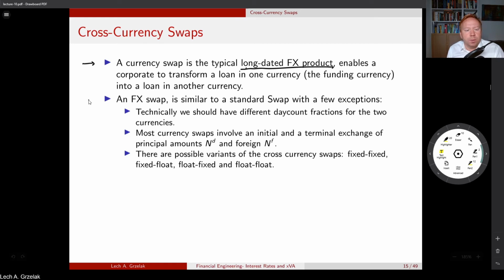An FX swap is similar to a standard swap, but there are a few exceptions. First, there are different day count functions, because we are dealing with flows from different countries, different FX rates or different currencies. Then the day count fractions typically would be different. Also, already when we talk about the IR swap, we have an exchange.